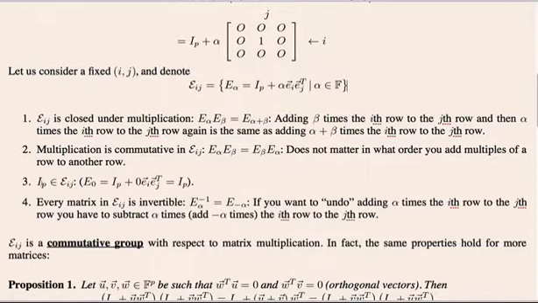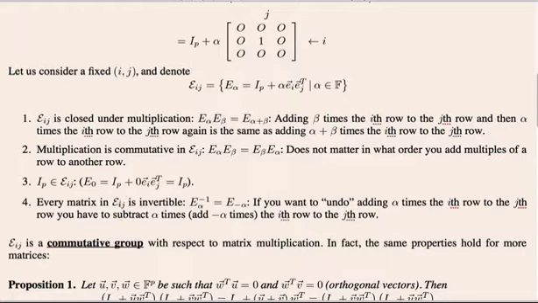The identity matrix is also in this set, since if we use scalar 0, then we get the identity matrix plus 0 times another matrix, which is just the identity matrix.